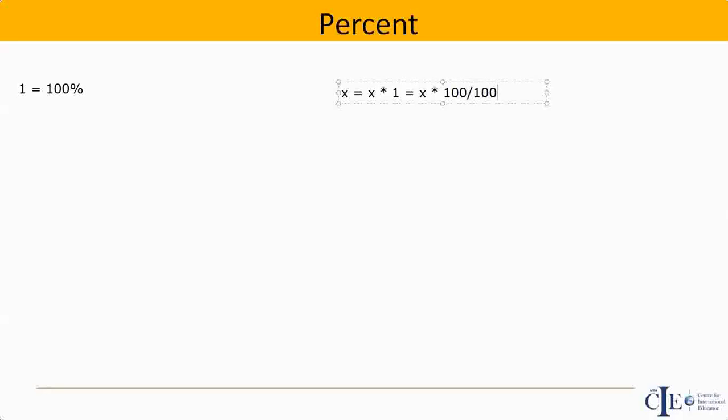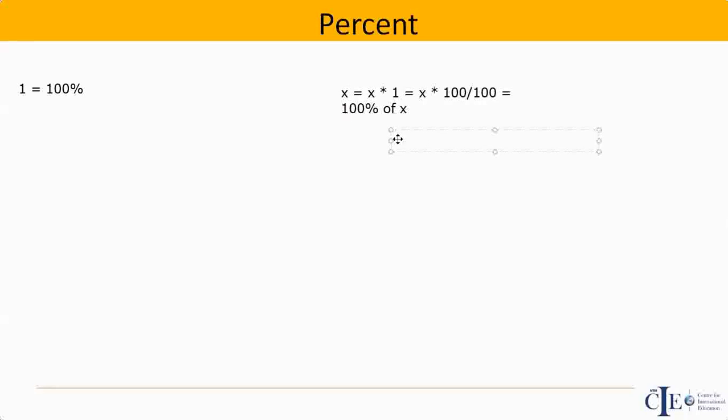Now anything over 100 is a percent, which relates to 100% of x. If I take 100% of x, it's as good as multiplying it by 1. So every value is always 100% of itself. So you can write that x equals 100% of itself.